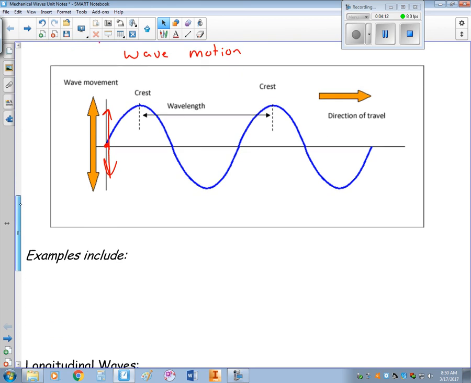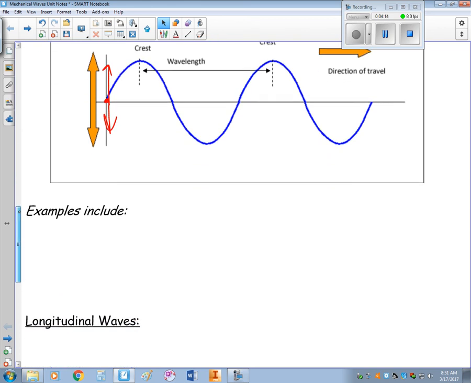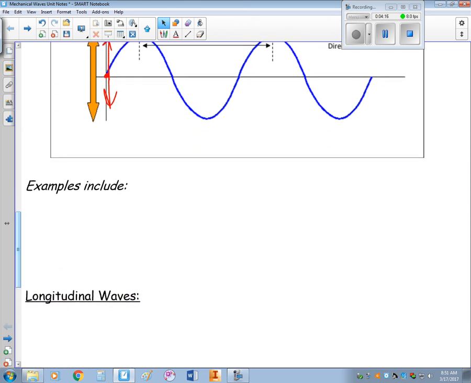Now, some examples of transverse waves. Well, a good example would be water. Another one would be waves on a string.